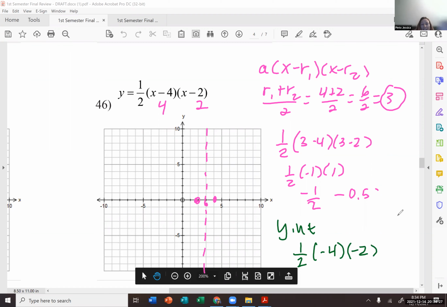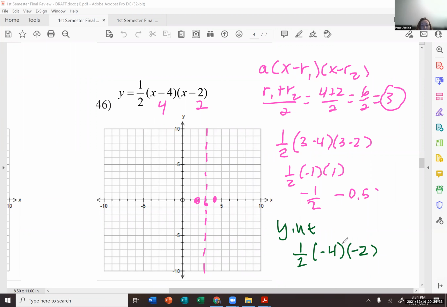When I change the x value to 0, I have a negative times a negative, so this will be a positive. 4 times 2 is 8, and 1/2 of 8 is 4. So I get (0, 4). Then I'm also going to use the symmetry here. This is 3 units away from the axis, so 3 units the other way to plot one more ordered pair. And then I graph it.